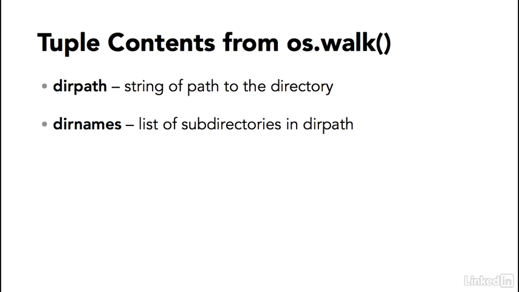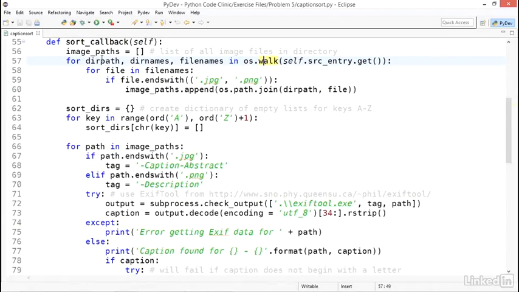And the third element is a list called filenames, containing, as the name suggests, the names of all files found in the dirpath directory. The OS walk function will generate a tuple like this for each directory from the beginning top directory on down the folder tree.